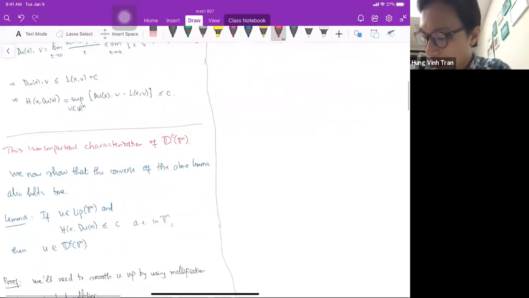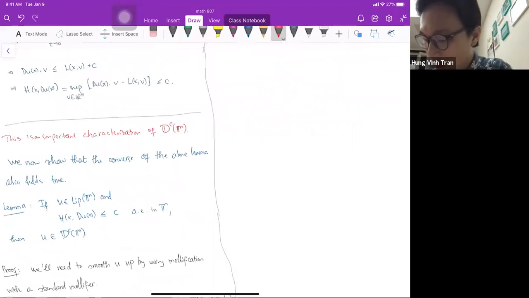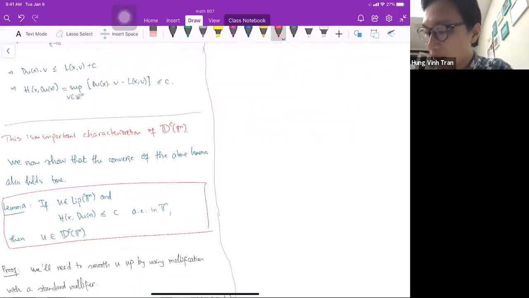This is exactly what I wanted to prove today, and then we discuss certain new definitions and generalizations and stuff like that. So that's the red box I put on the left panel. We're going to show that if U is Lipschitz and I have this inequality almost everywhere, then U is in DC of Tn.